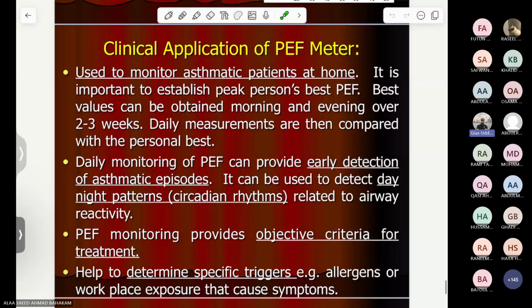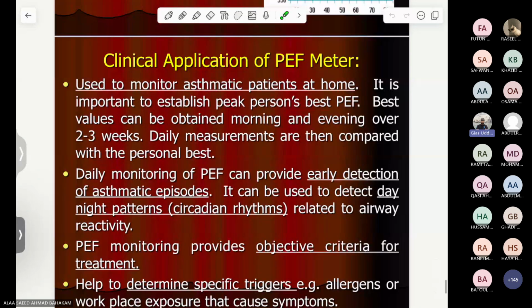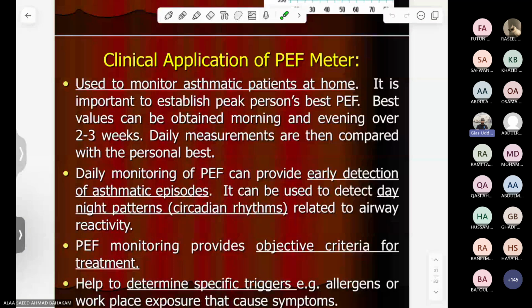So what are the clinical applications of the peak flow meter? How do we use this? It is used to monitor the asthmatic patient at home. If you are a doctor and you have an asthmatic patient, you will give this small device to take measurements at home. When the person has no asthma attack, he will do this test and set the standard, for example, 500 liters per minute.